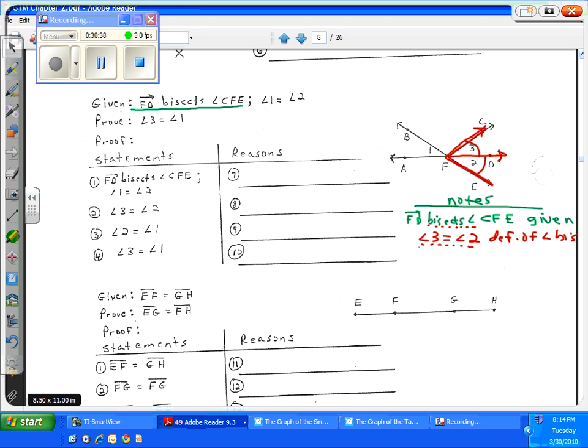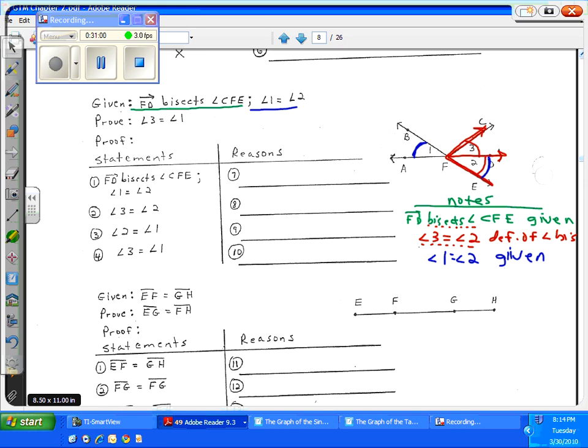And I would already have that in my notes section. And then I would go to the next given statement, angle 1 is equal to angle 2, and I would mark that in my diagram, and I would put the reason for that, which would be given.